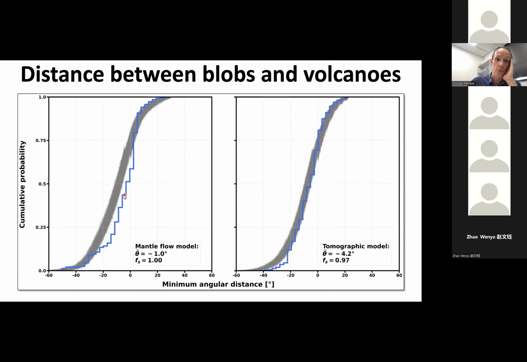I ensured that the mean of the absolute values of the blue distribution was less than that of the gray distribution. That was one part. The second part was to carry out a Kolmogorov-Smirnov test. That test essentially assesses the null hypothesis that the blue distribution and gray distribution are taken from the same sample at a confidence level.